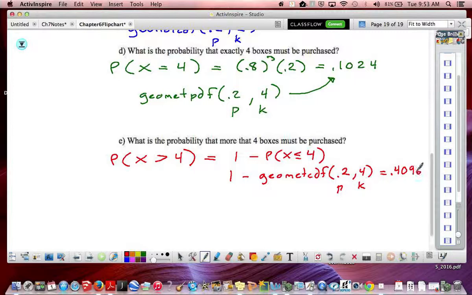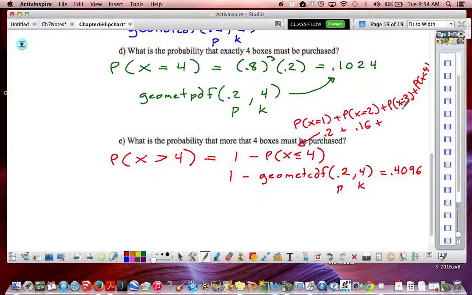Well, would you not? I could. What I would have to do is calculate exactly 1 plus exactly 2 plus exactly 3 and exactly 4. It's not terrible. I know exactly 1 is 0.2 and exactly 2 was 0.16.